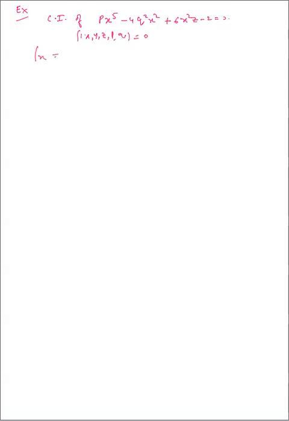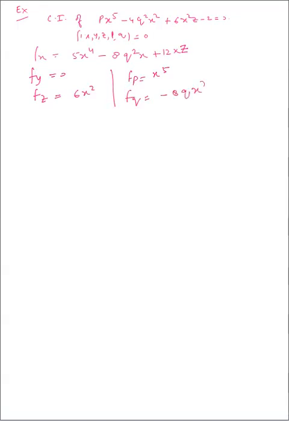Fx is 5x to the power 4 minus 8q square x plus 12xz. Fy is 0. Fz is 6x square. Fp is x to the power 5 and Fq is minus 8q x square.